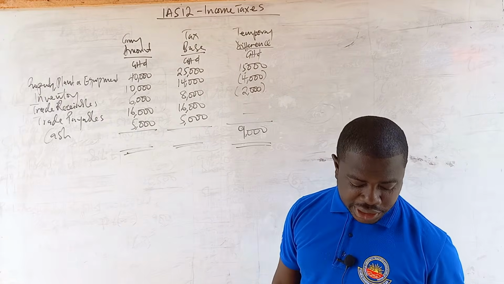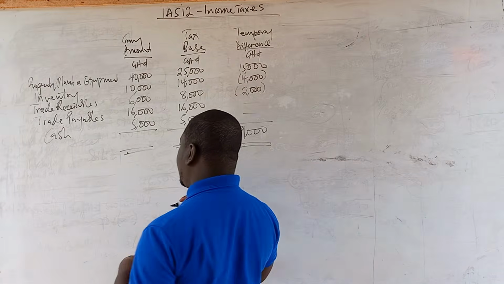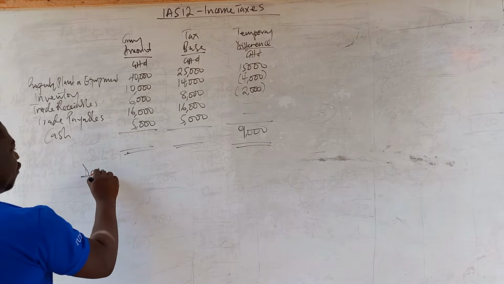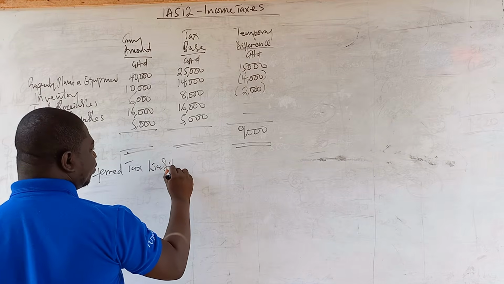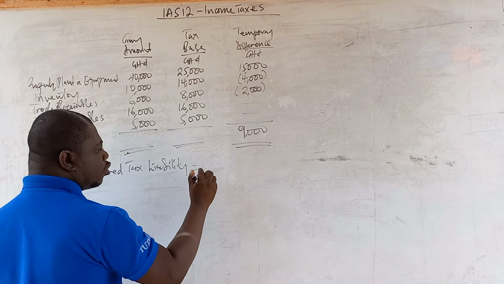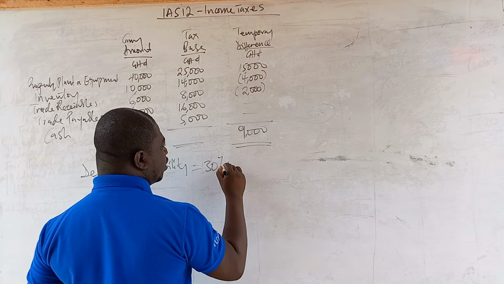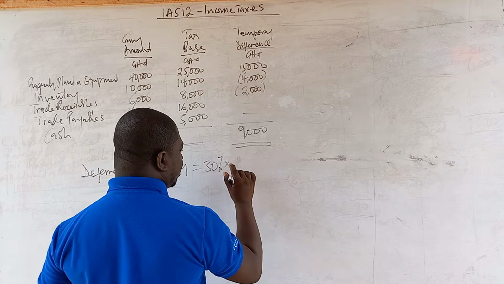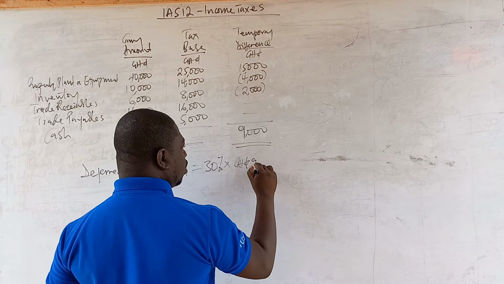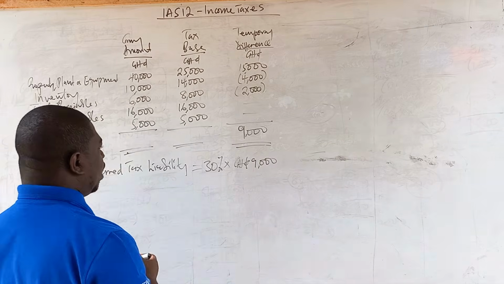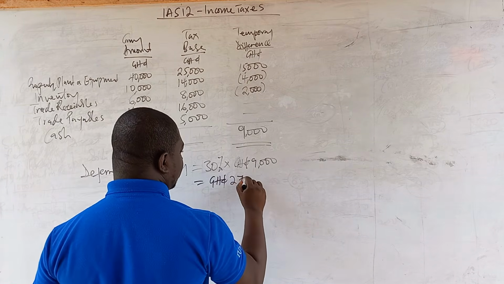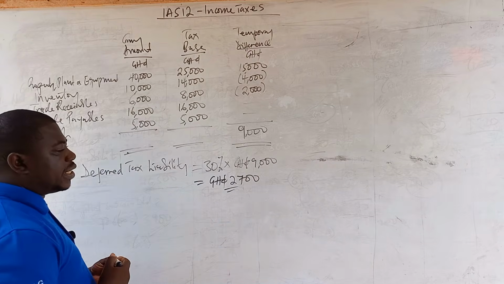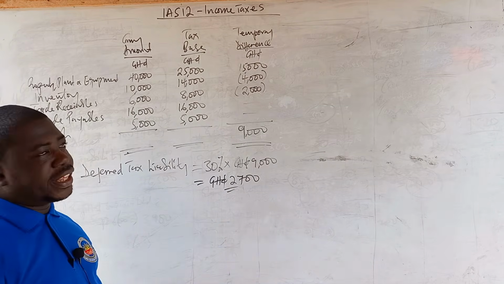Now, according to the question, the rate is 30%, and therefore your deferred tax liability equals 30% of 9,000 Ghana cedis. And that is going to give us 2,700. So ladies and gentlemen, this is our deferred tax liability.